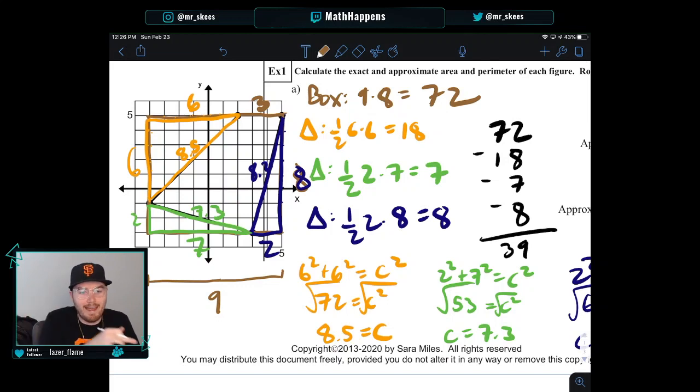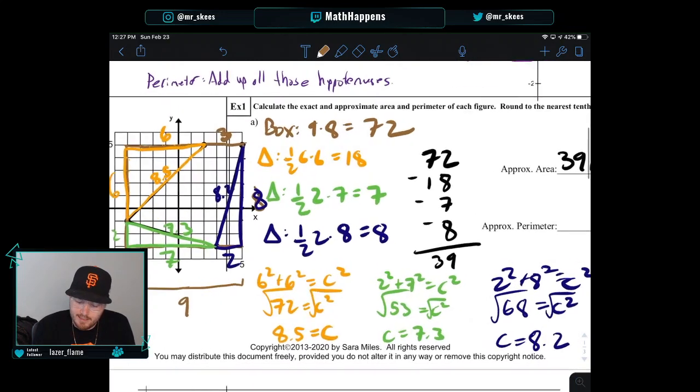So when we add the figure, we've got 3 at the top plus my blue, which is 8.2, plus my green across the bottom, which is 7.3, and my diagonal 8.5 that is orange, getting me all the way back up to where I started. Those 4 edges added together comes out to a clean, because of the way we rounded, 27.